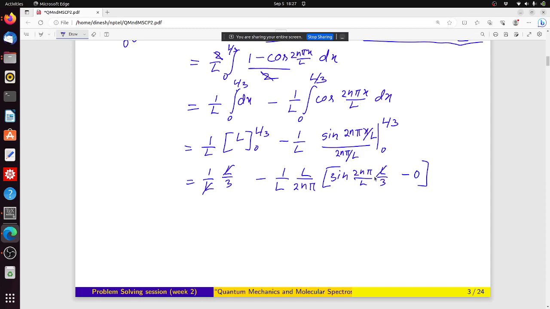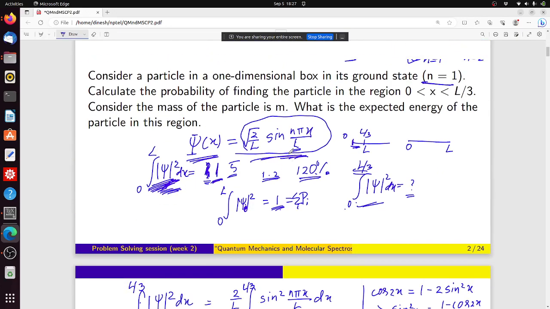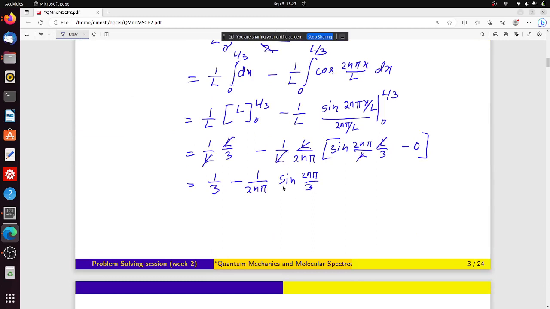Okay, so we have to solve this. 1 by 3, and L also cancels here, 1 by 2n pi sine of 2n pi by 3, and we are given n is equal to 1. That means it's in ground state, so this is 1 by 3 minus 1 by 2 pi sine 2 pi over 3.